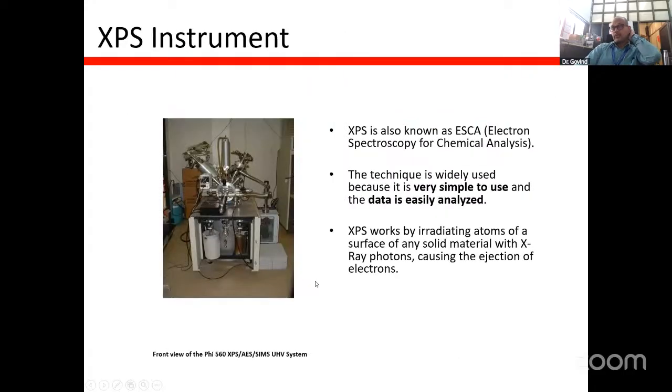In terms of the instrument, I will give a brief, broad idea of how it looks. XPS more or less will look like this as an external part. XPS, as I told you, is also called ESCA, electron spectroscopy for chemical analysis, and it is a widely used technique because it's very simple and easy to use, and the data is easily analyzed.